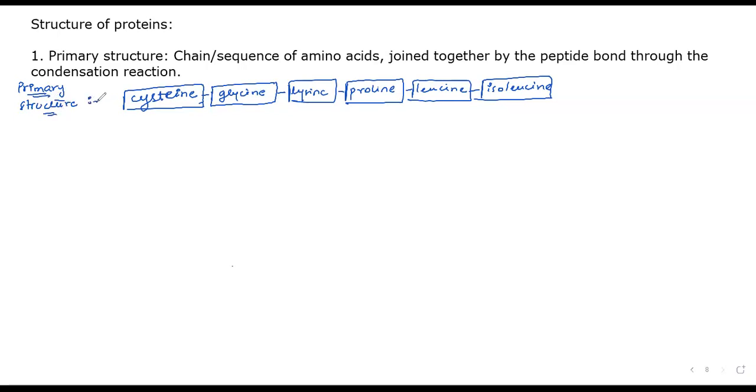Once my primary structure is ready, I will call it a peptide chain, or a polypeptide. I will not call it a protein yet. Why? Because a protein generally can have further processing. Not always necessary, but most of the time, to form a fully functioning protein, I need to do further processing.